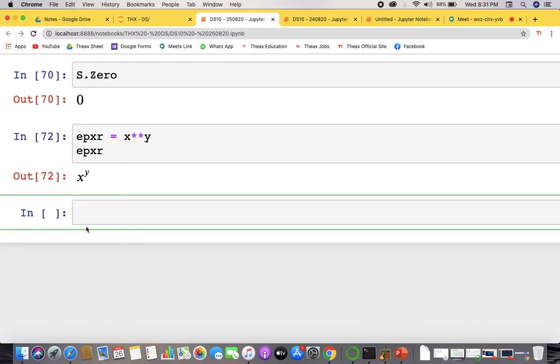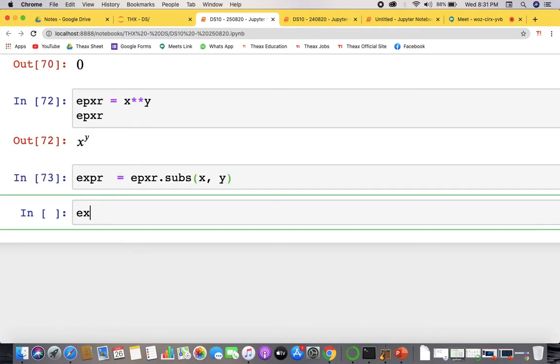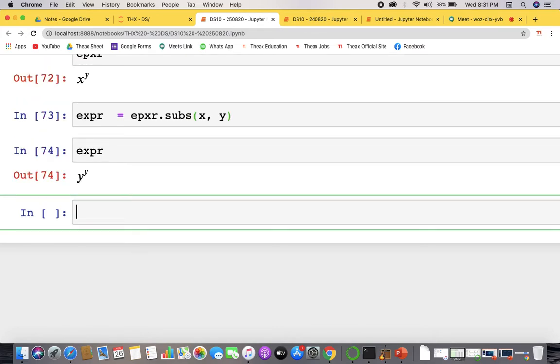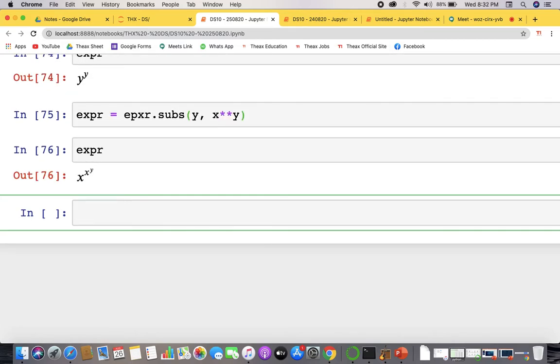Now if I write expr equals expr dot subs, substituting x with y, expr would be y to the power of y. And if I substitute y with x to the power of y, you can see your expr will be x raised to the power of y, and such things. So this is how substitution works.